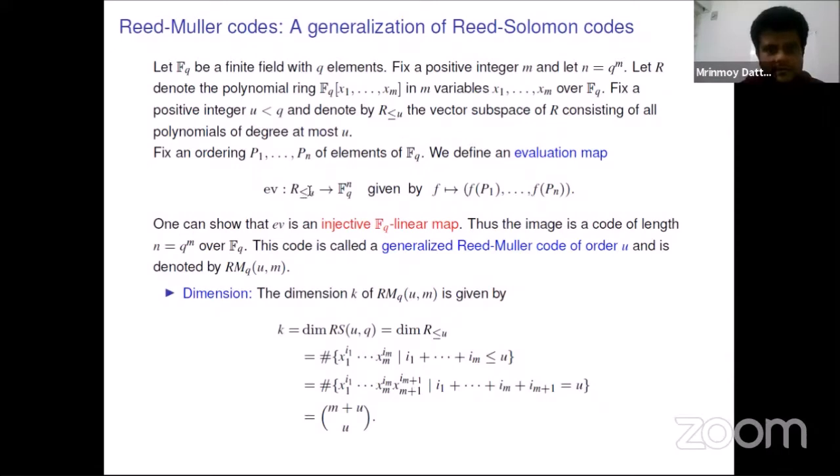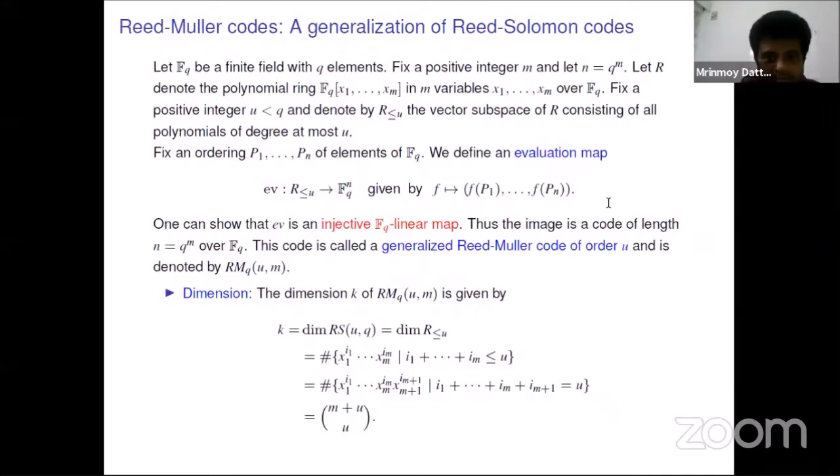You take a polynomial, you can view this as a function on F_q to the power m. If you pick a point p1, you compute f of p1, and then you form the string f(p1), f(p2), ..., f(pn). Now one can show that this is an F_q-linear map, which is very easy to see. And again, the condition that u is less than q will imply that this evaluation map is injective.